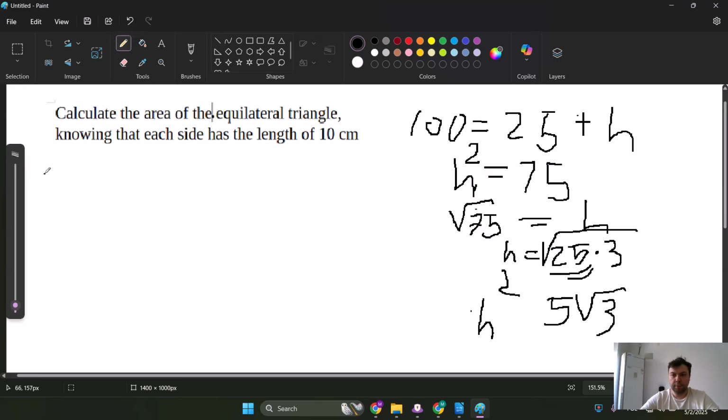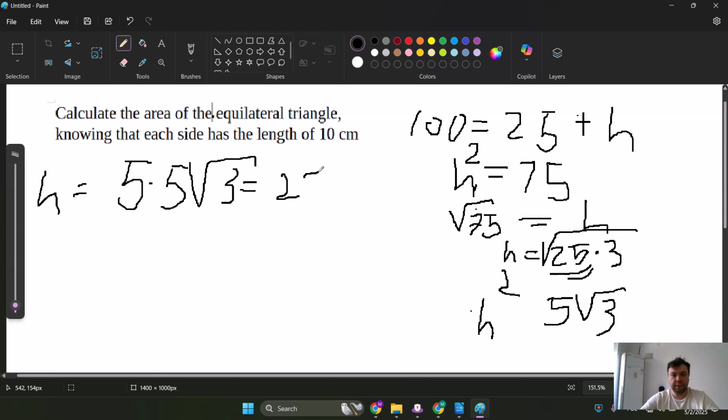Okay, so we take the height, 5 times 5 square root 3, which means the total area of this triangle is 25 square root 3 square centimeters. Yes, of course, because we said centimeters, so it is 25 times square root 3.